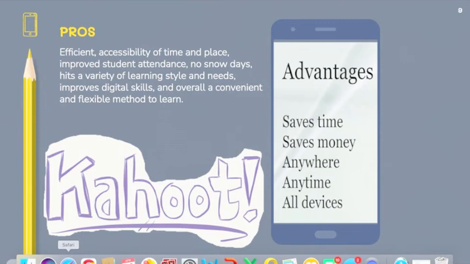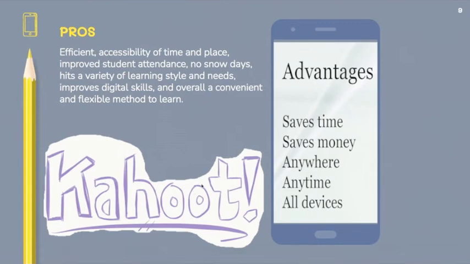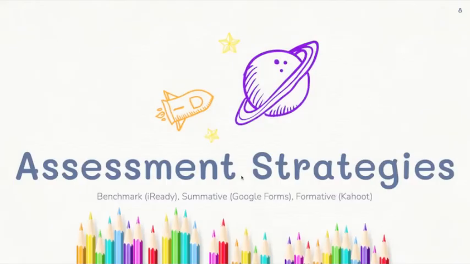Bouncing back to these assessment strategies, some pros when it came to benchmarking was that it was super simple to have the students just go to the computer lab and complete the assessment at their own pace, at their own time. However, some cons, which I'll be touching on shortly, as you can see right here.